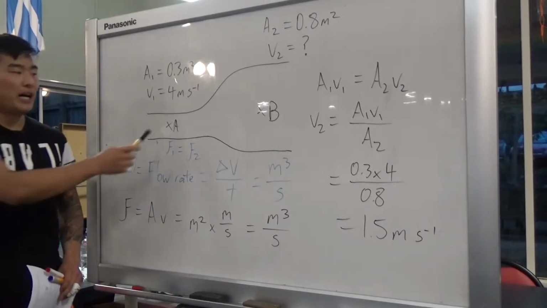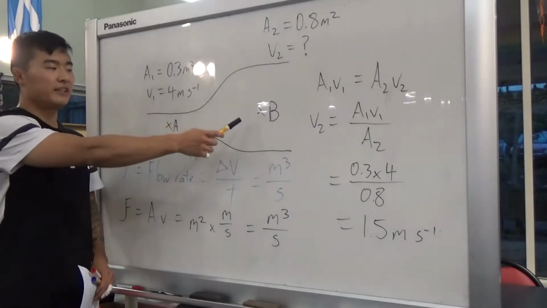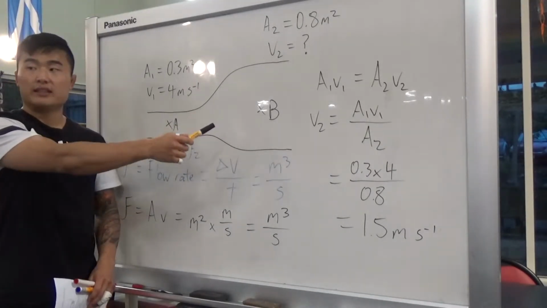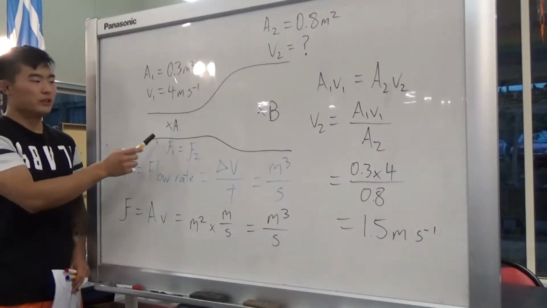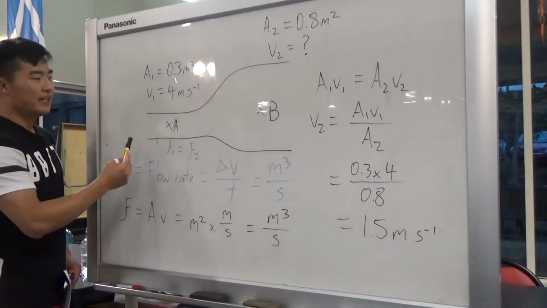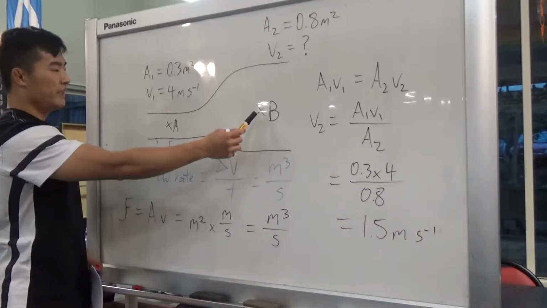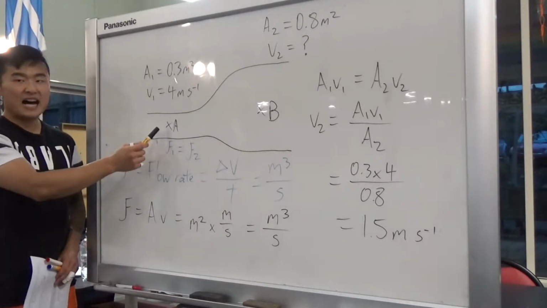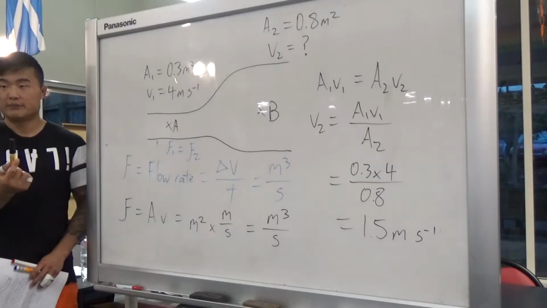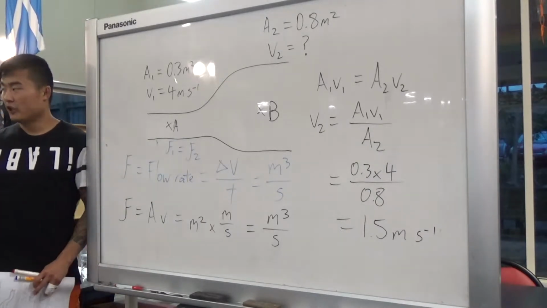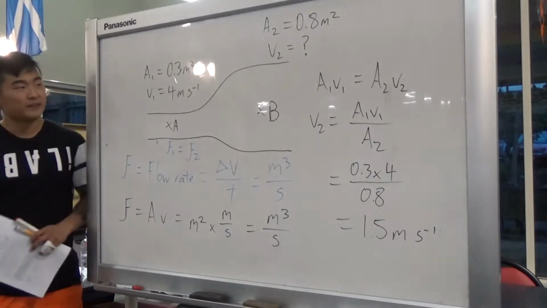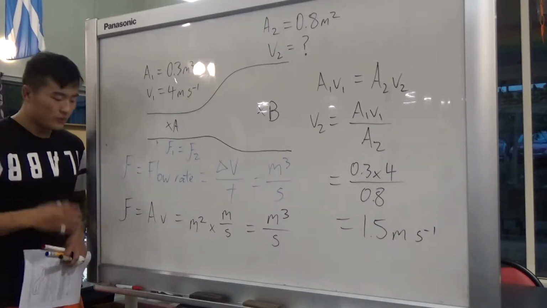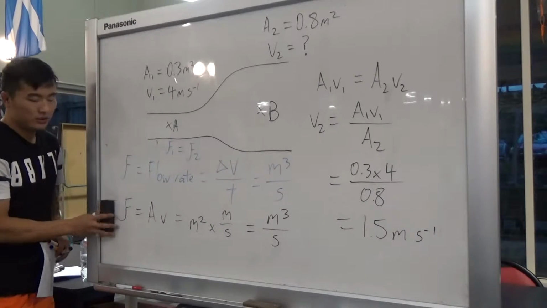So if your cross-sectional area doubled, then your velocity would halve. Okay, and if it was the other way, say it was going this way, then if the cross-sectional area halved, then the velocity would have to double to maintain the same flow rate. Okay, so that's an important concept to understand. Cool. So we'll move on from that.